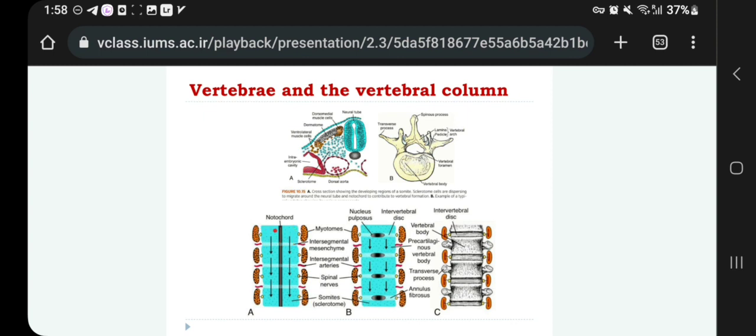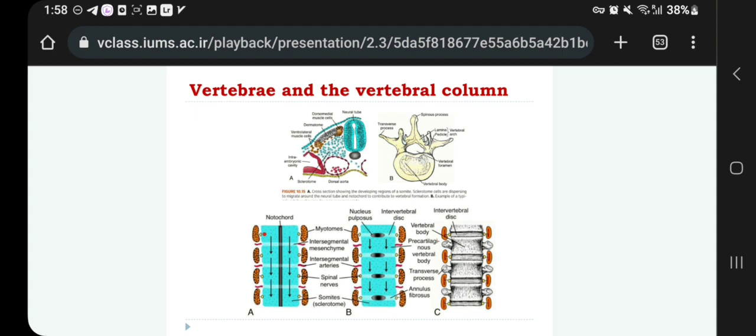Okay. For example, this is from one somite. The somite is a block shape, and we have, for example, 8 blocks in the cervical part, 4 in the occipital, 12 in the thoracic part, 5 in the lumbar part, and 5 in the sacral part.